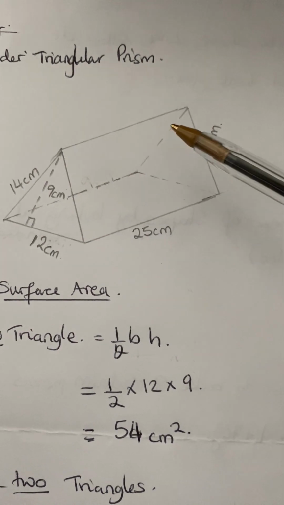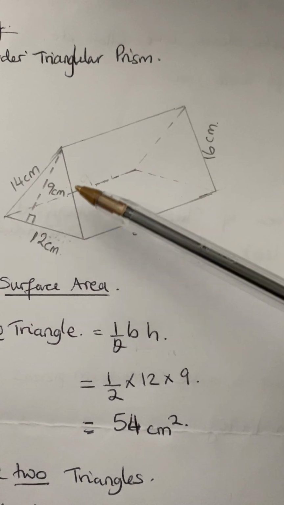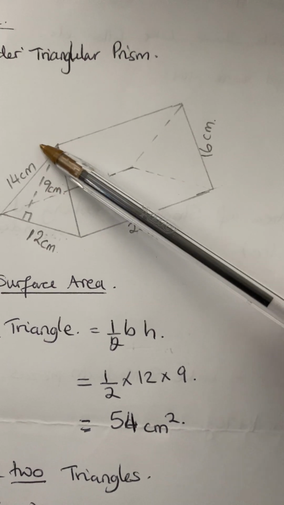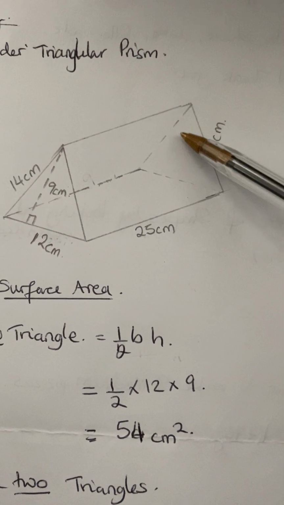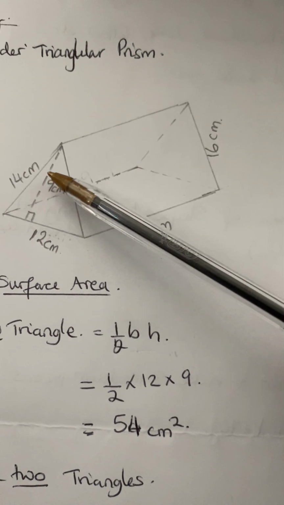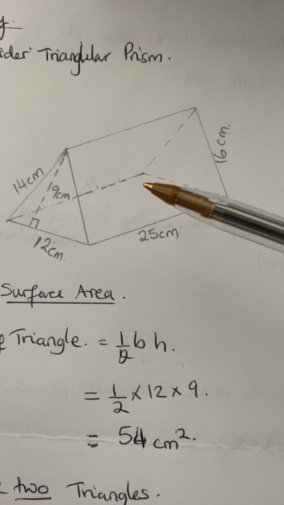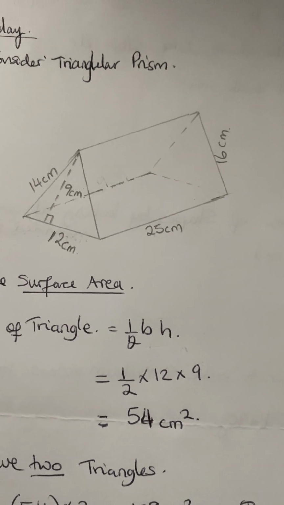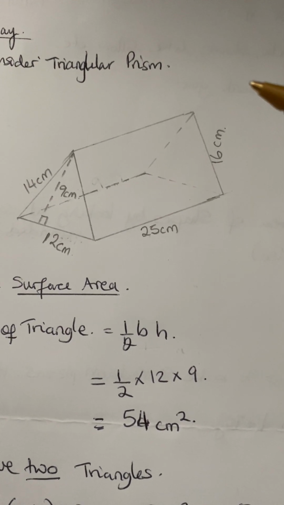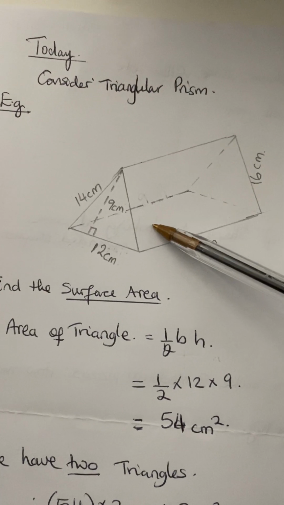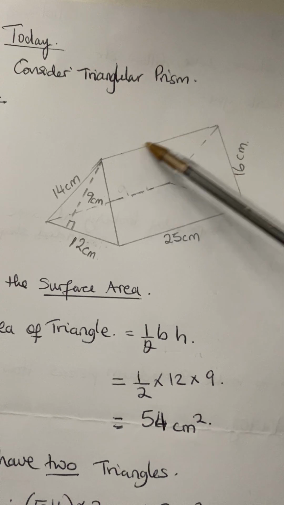I've just given you the shape, and I'm expecting you, from what we did yesterday, to be able to see that in this figure, solve it step by step, put your answer together and get your answer. This is straightforward because you've been given the shape.